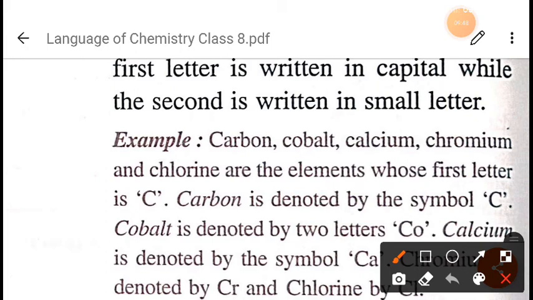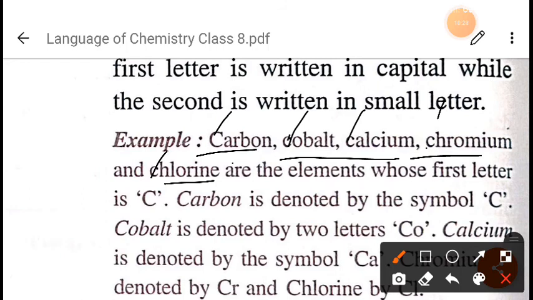Let me tell you: you have carbon, cobalt, calcium, chromium and chlorine, right? Carbon starts with C, cobalt also starts with C, calcium, chromium and chlorine also start with C, right? So if you give C to all of them, it will be difficult to identify whether it is carbon, cobalt or calcium.